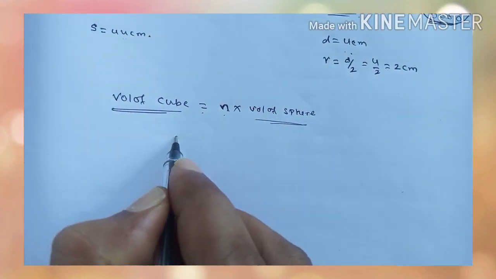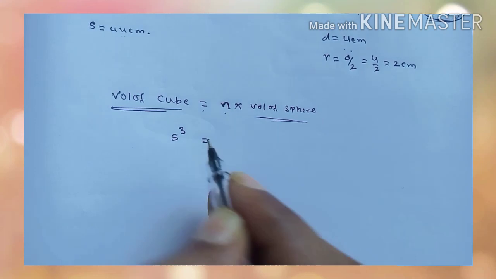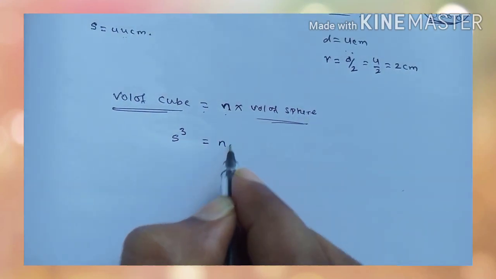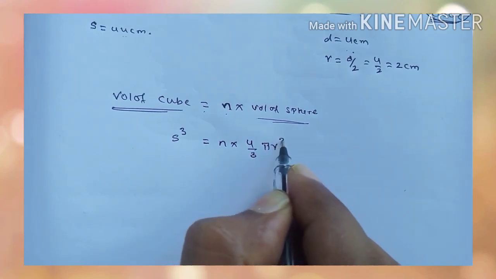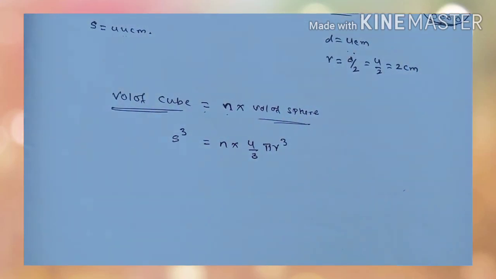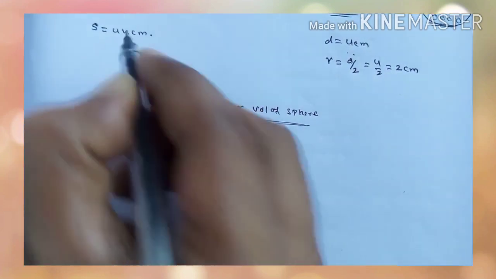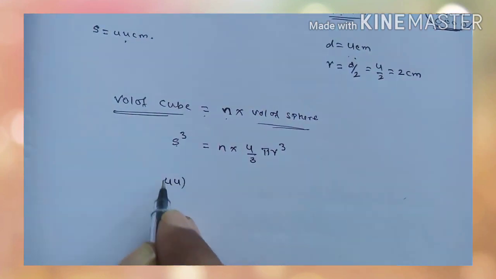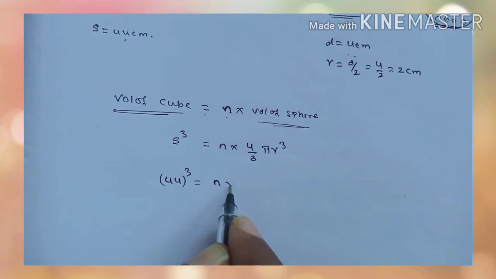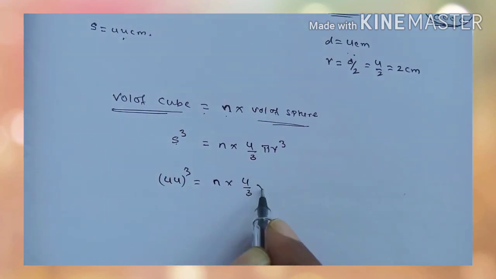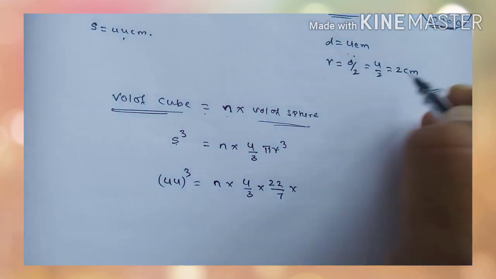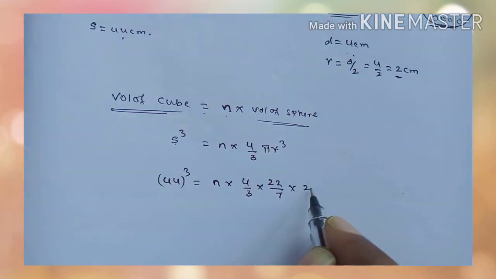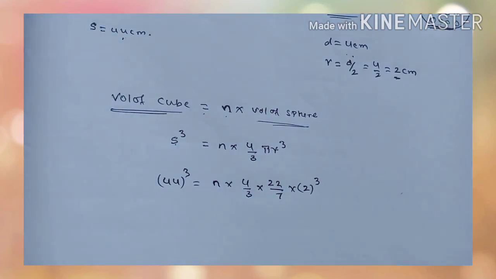Volume of a cube formula, a cube or s cube, is equal to n into volume of sphere, which is 4 by 3 pi r cube. Now the side value given in the problem is 44. So 44 whole cube is equal to n into 4 by 3 into 22 by 7 into r value, we have here 2 centimeters, so 2 whole cube.